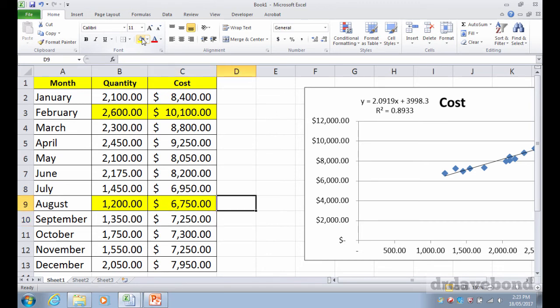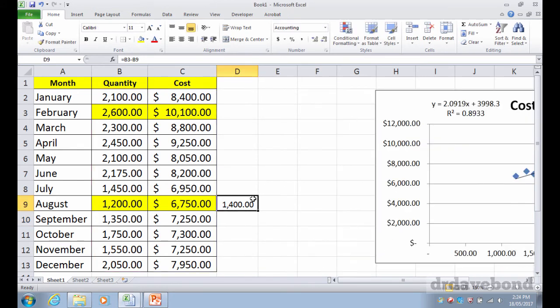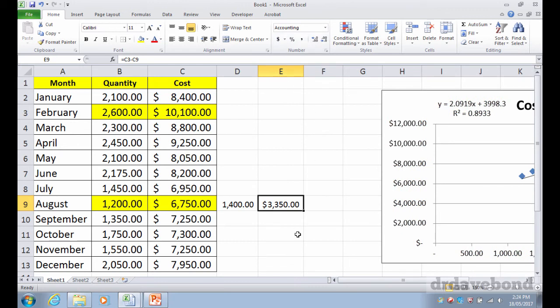So the difference in terms of quantity between the highest quantity and the lowest quantity is 1,400 units. This is good because what we then do is figure out what the marginal cost is between the lowest quantity units and the highest quantity, and it's 3,350. And we just want it for one marginal unit.